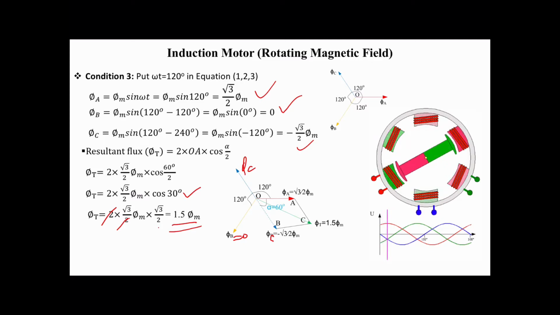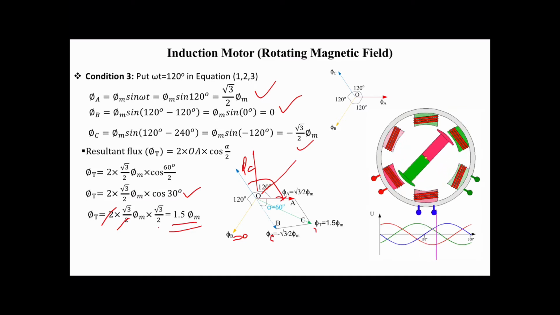We have found that in all the three cases, the resultant flux magnitude remains the same, and that is 1.5 times the maximum flux, but it is rotating with respect to the value of omega t. Earlier it was here, here and here, so it's rotating.